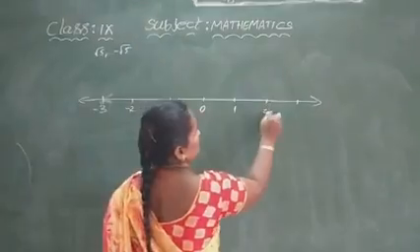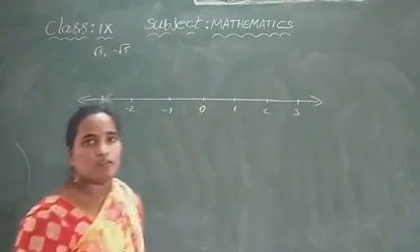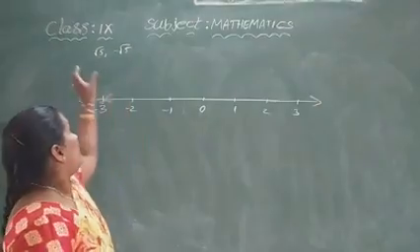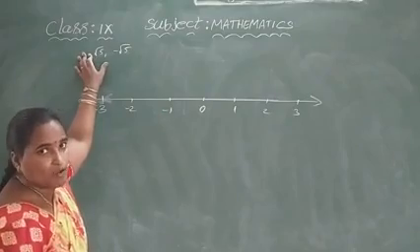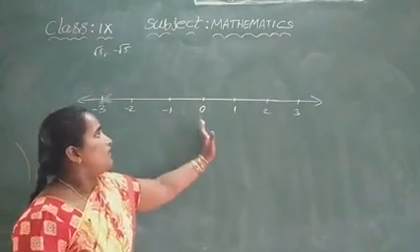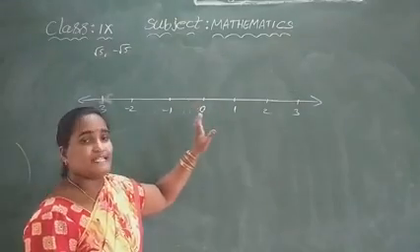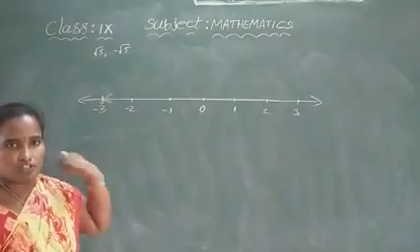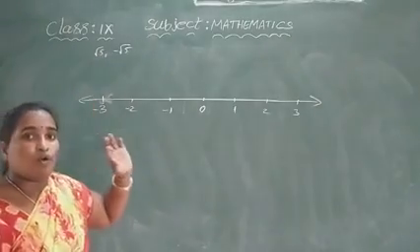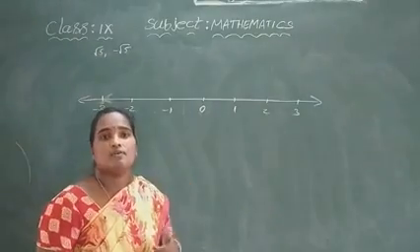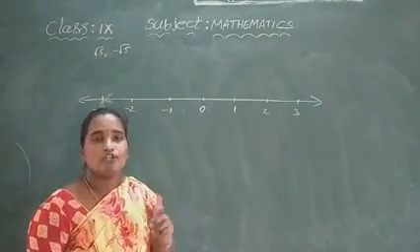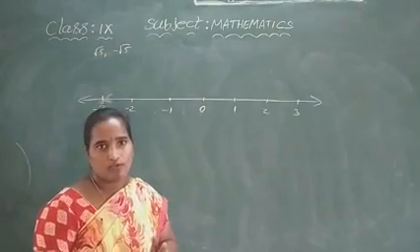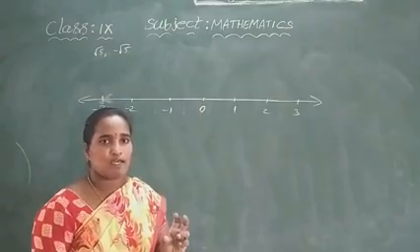This is 1, 2, 3. Here you take first root 5. Root 5 is positive, that means it is on the right side of the 0, and minus root 5 is on the left side of the 0. Here root 5, we know the position of root 4. Root 4 is a perfect square.